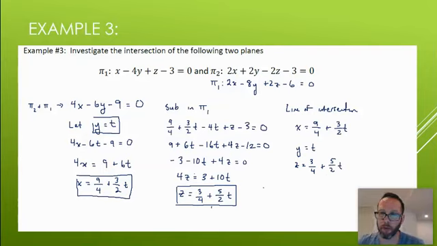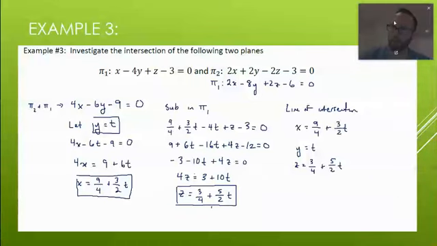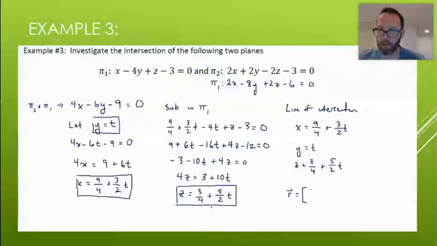If you want, you can write that as a vector equation. And I might just move that up here. For a vector equation, the vector equation corresponding to these guys, we get the point 9 over 4, 0, 3 over 4, plus t, 3 over 2, 1, 5 over 2.